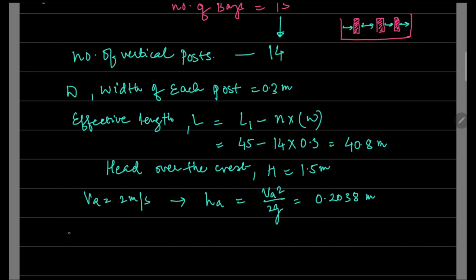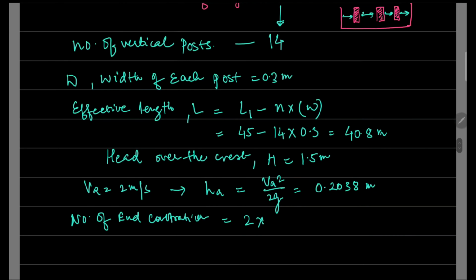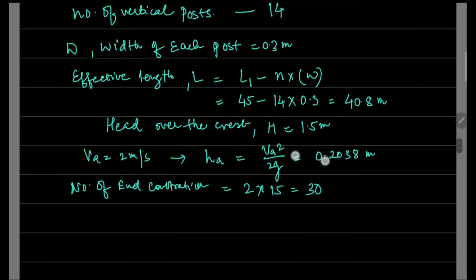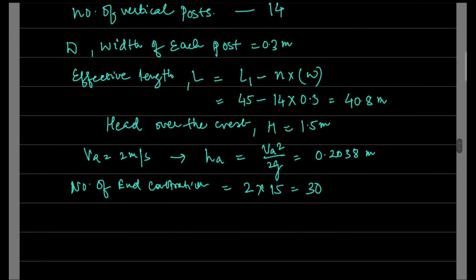Now, the number of end contractions will be 2 multiplied by the number of bays, that is 15. So the number of end contractions will be 30 here. Now we will use the Francis formula for end contraction and velocity of approach.